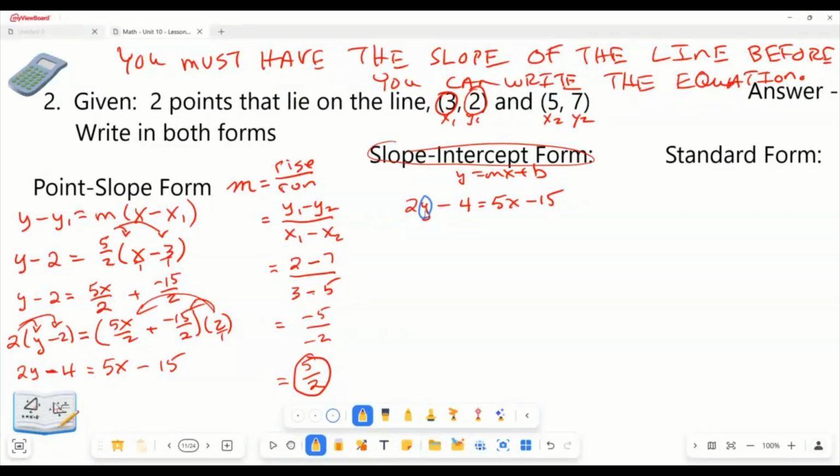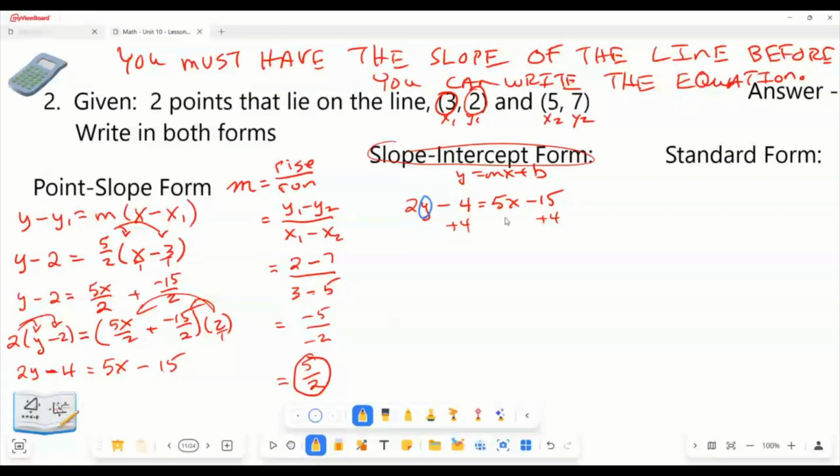Here is y. 2 written next to the variable means multiplication. The 4 is being subtracted. We get rid of addition or subtraction first. The opposite of -4 is +4. If I add 4 on that side, I have to add 4 on that side. And the reason I wrote it underneath the 15 is because those two things can be combined together.